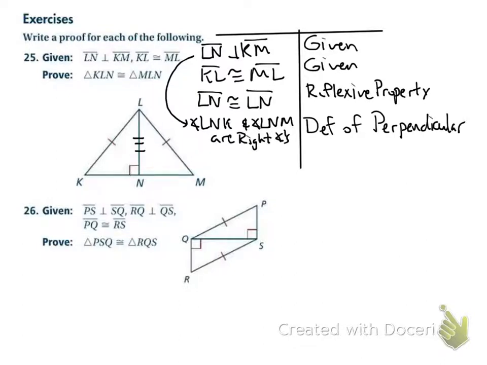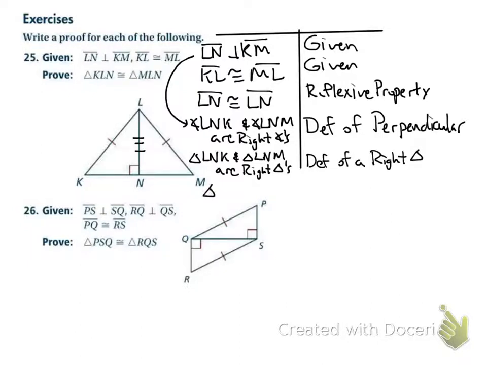Now, if they're right angles, then that means that triangle LNK and triangle LNM are right triangles, and that's the definition of a right triangle, which gets us to what we want at the very end. At the very end, we want KLN, just another name for LK, KLN, congruent to MLN.